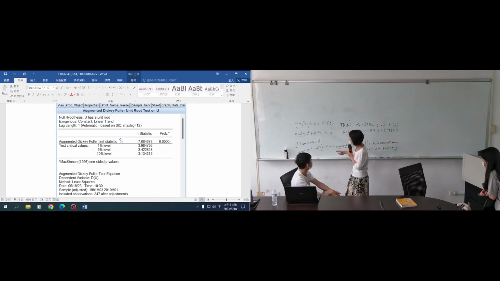Then if we can prove U is stationary, since U is from model A, model A is no more a spurious regression. If we run the regression, usually X and Y should be stationary. But in this case, if either one of them is non-stationary, it didn't pass the assumption of the regression analysis.